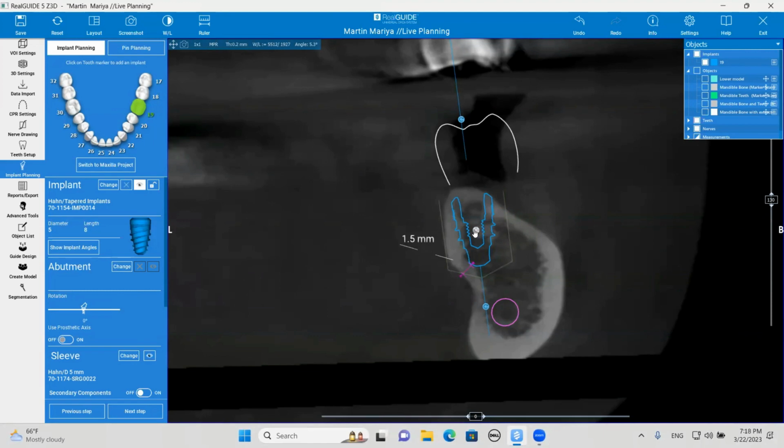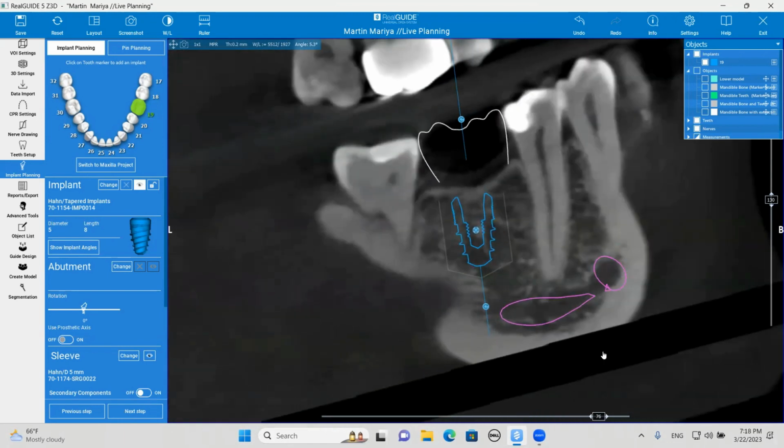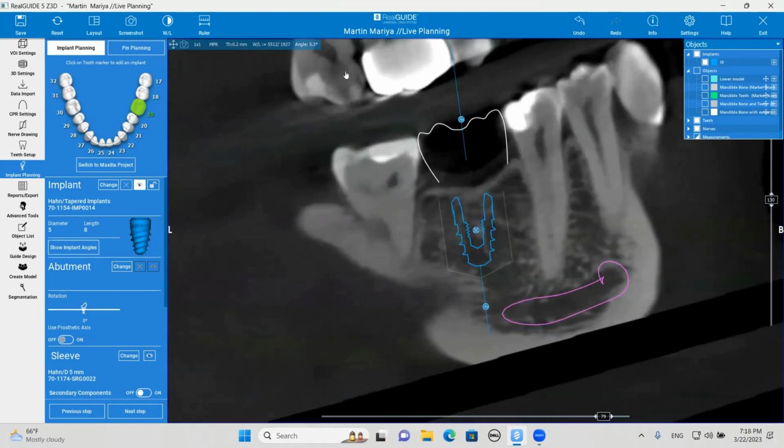So I think you can place it. The only problem with this case is you have to be 100% on the money. Location: mesial distal, buccal lingual, and apically coronally. Therefore, what I would say is this would be a tooth-supported guide, which is the most accurate.